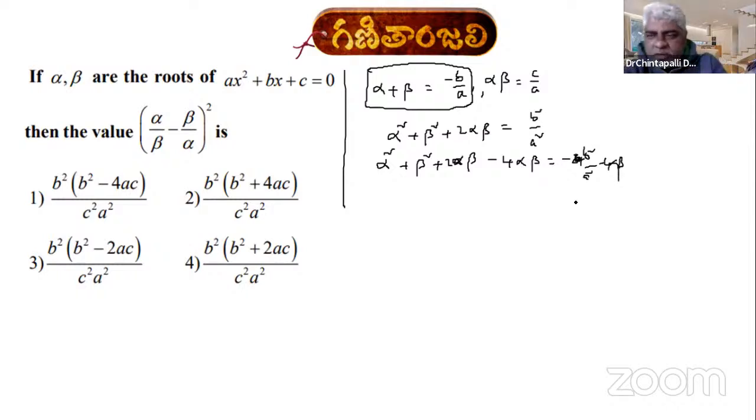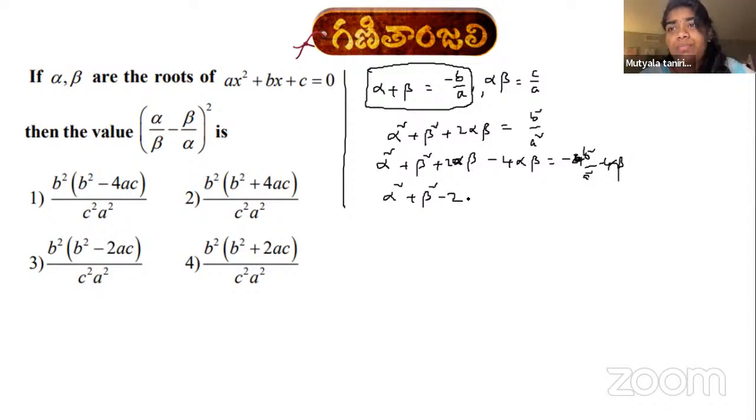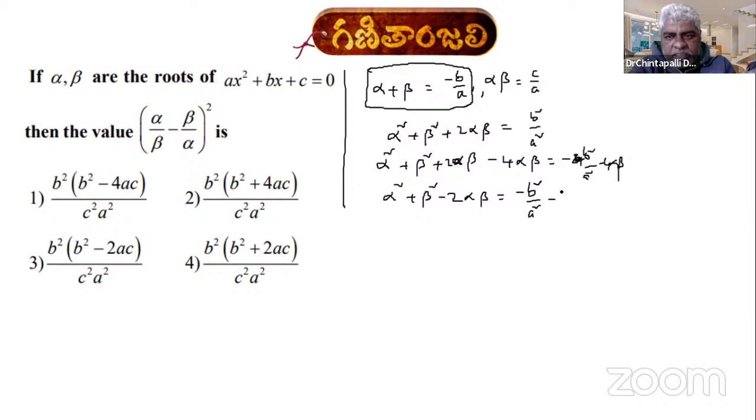We are subtracting 4 alpha beta on both sides. What happens for the left hand side? Alpha square plus beta square, 2 alpha beta minus 4 alpha beta is minus 2 alpha beta. Right hand side is b square by a square minus 4 alpha beta.